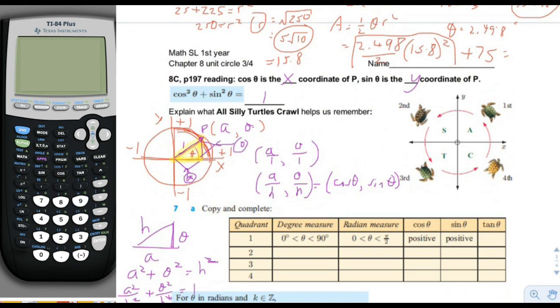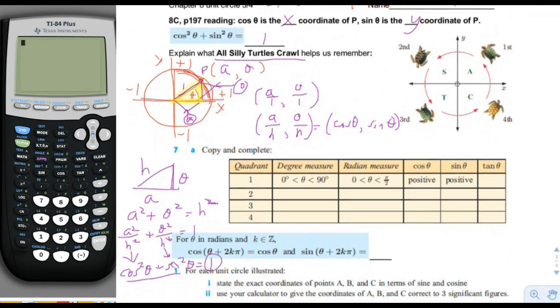Okay, explain what All Silly Turtles Crawl helps us to remember. This is just a silly mnemonic where A is all trig functions are positive in the first quadrant. So when you have the unit circle, in the first quadrant, sine, cosine, and tangent all give you positive values. Okay? Now in the second quadrant, only sine is positive.